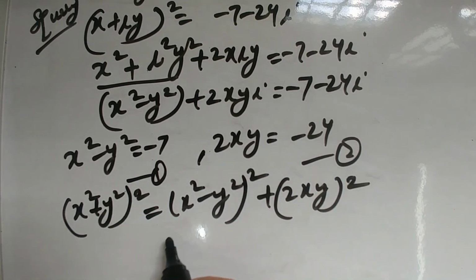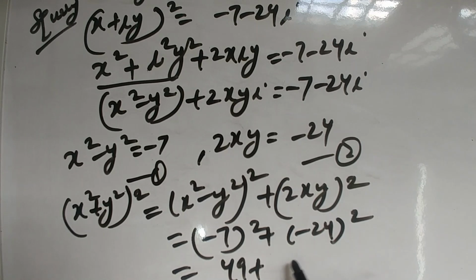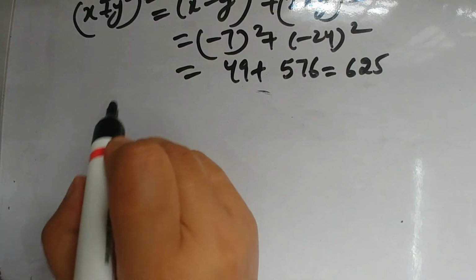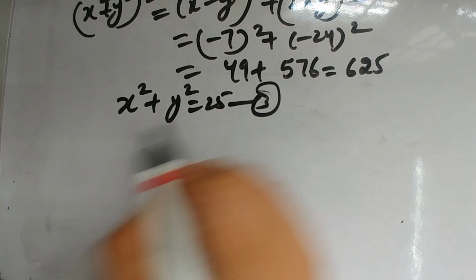I'll take 1 and 2 into consideration. Plus minus 24 square, so this is 49 plus 576, this is 625. From here, x² plus y² equal to 25, this is number 3.